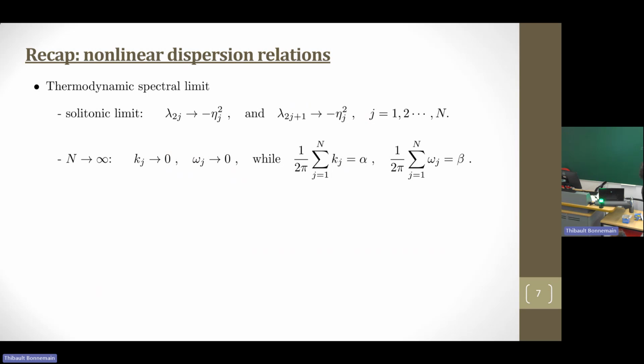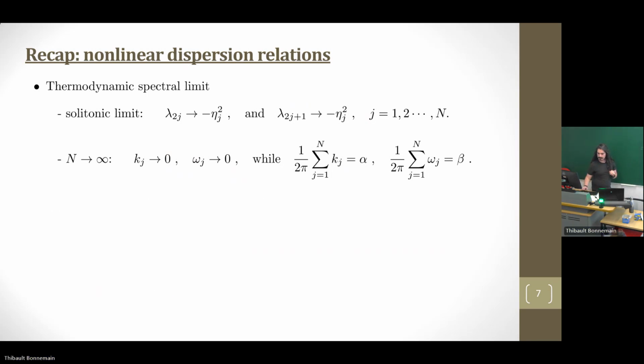So you start with this, and then you have a fractal spectrum. Exactly. You want to keep these quantities constant because the k's are wave numbers, so this quantity has a natural interpretation as the average number of waves per unit length. And since the omegas are frequencies, this can be interpreted as a flux.